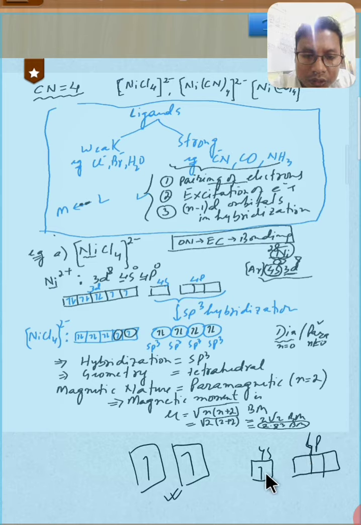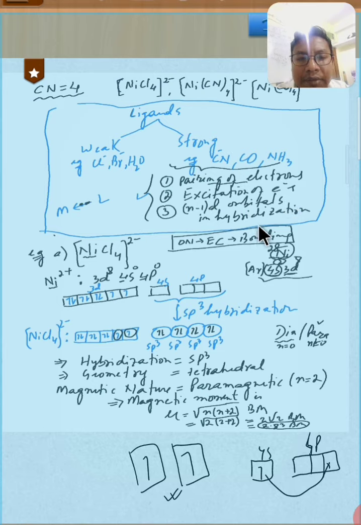So moving an electron from here to here will be an excitation. So excitation of electrons will take place if the ligands are strong. And the third function that I'm writing is involvement of (n-1)d orbitals in hybridization.